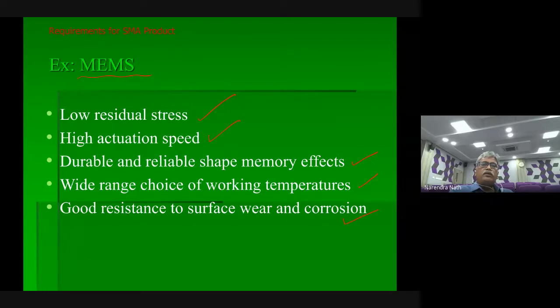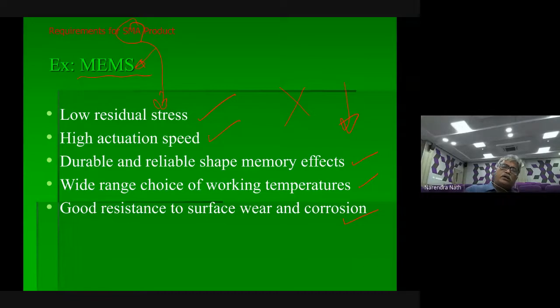So when you design an SMA for this application, it should have these characteristics. If it is not meeting any one of these, then you cannot use it. The life will come down.